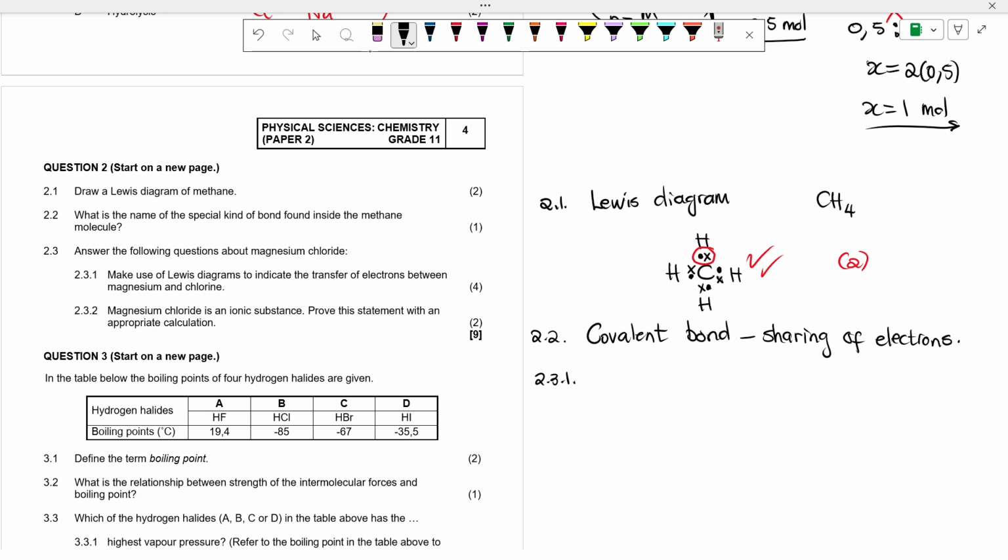2.3.1, answer the following questions about magnesium chloride. Also, they don't give the formula of magnesium chloride because they figure that you should be able to show the formula. So what is the chemical formula of this?